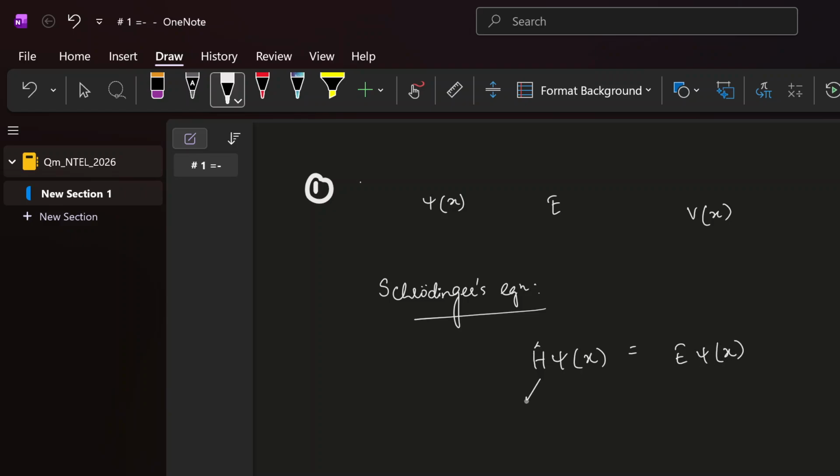What does it mean? This H is the operator, which gives you the energy eigenvalue if you operate it on a wave function or eigenfunction of this operator, that is psi(x), right?